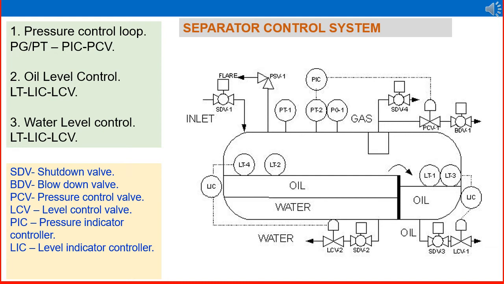LCV is the level control valve in the water outlet line and oil outlet line. PIC is the pressure indicator controller, a controller used to maintain the set point, and LIC is the level indicator controller. We will discuss all these control systems in detail in our coming slides.